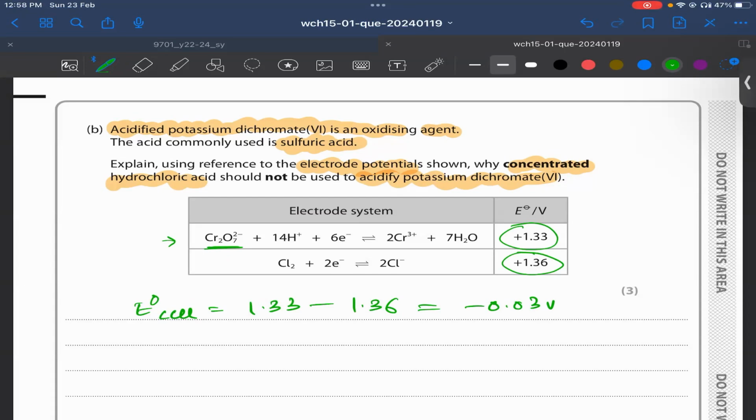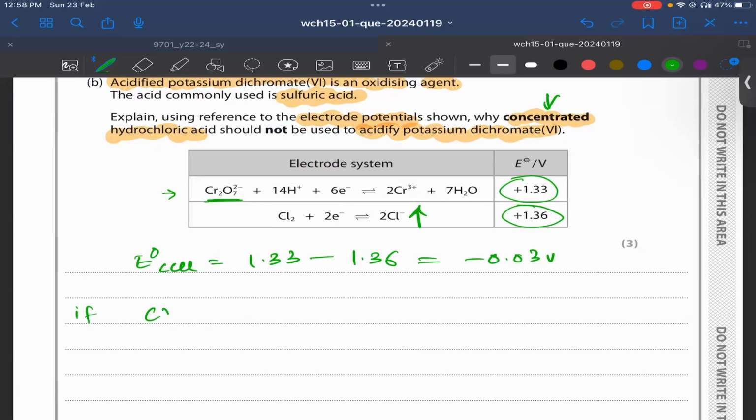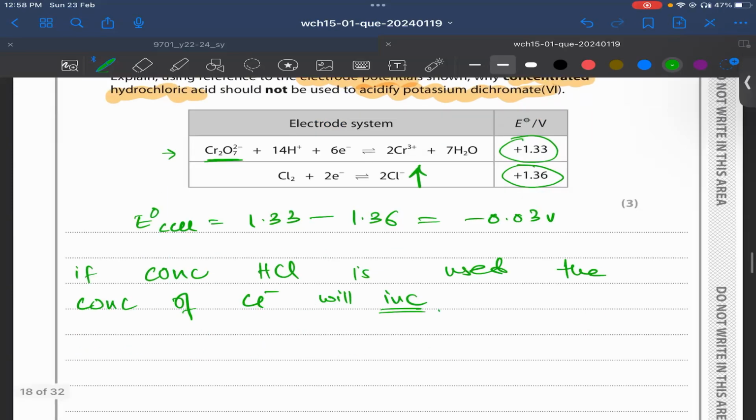If we start using concentrated acid, the concentration of chloride ions will increase. If concentrated hydrochloric acid is used, the concentration of chloride ions will increase, and the equilibrium shifts backward.